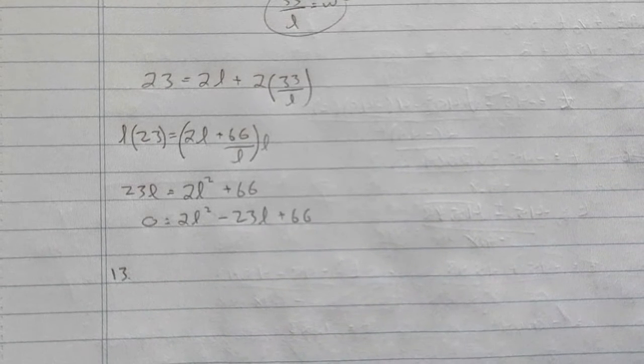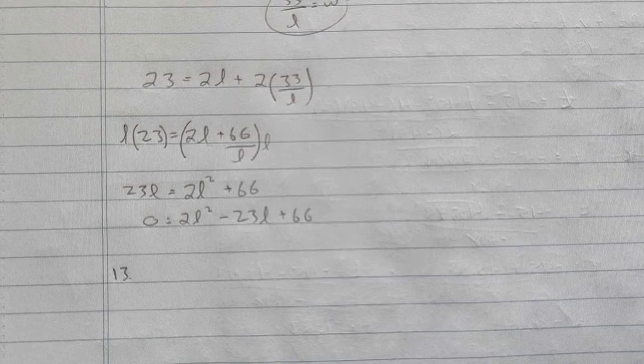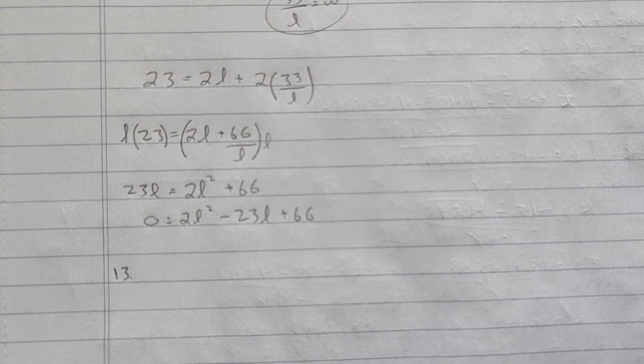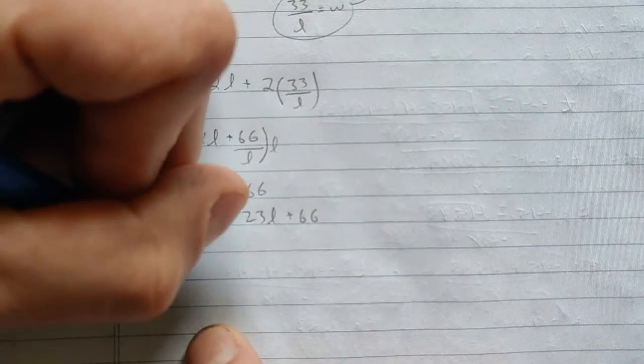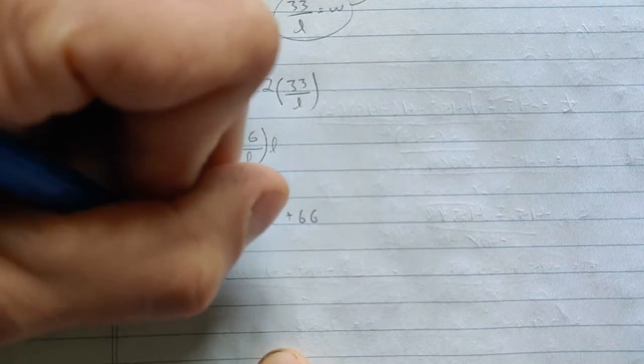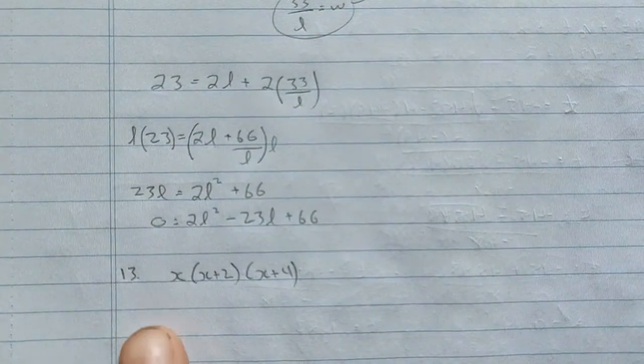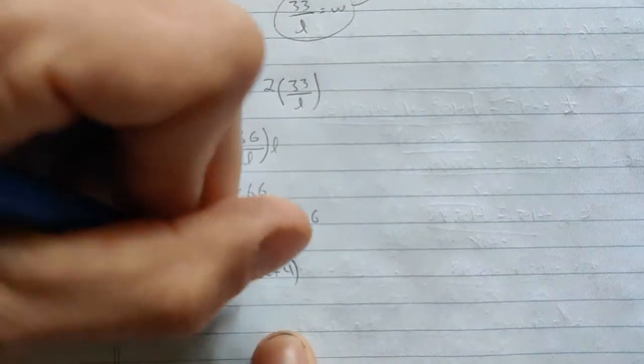You've got to be careful that it does say we want even integers. So if your first number is x, the next even number would be x plus 2, and then the next even number after that would be x plus 4. So there's our 3 sides of our triangle.